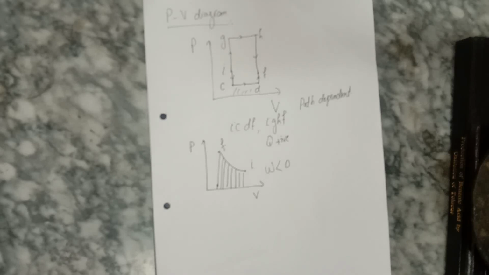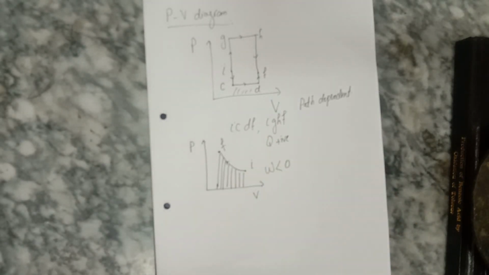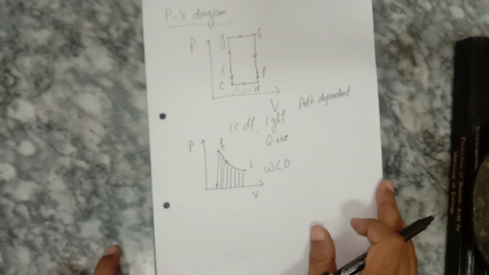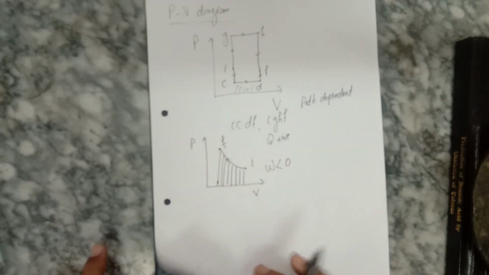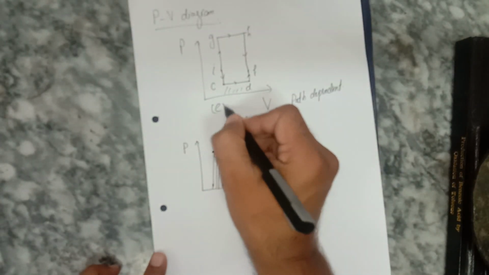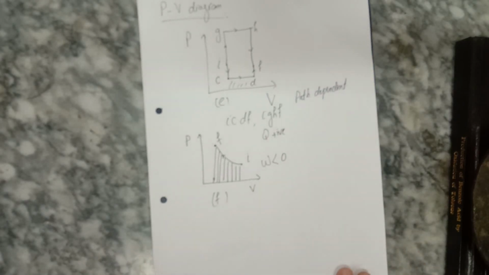This is another diagram that could be visualized to study PV curves or relationships. Let's say the earlier one was D and I could name this one as E, and this one is F. Looking into figure F, one can say that the gas was compressed in the container in this case.